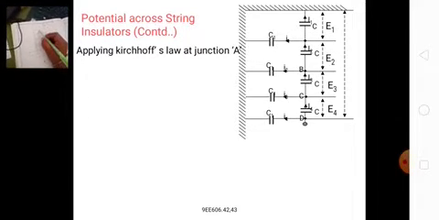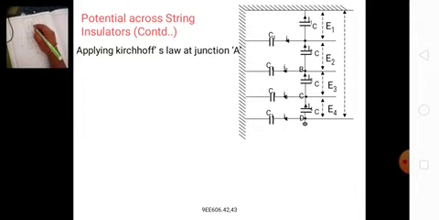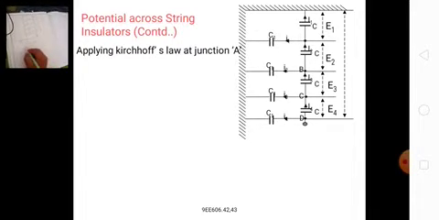Here W C E1 is common, that is, 1 plus M. So I2 is equal to W C into E1 into 1 plus M.